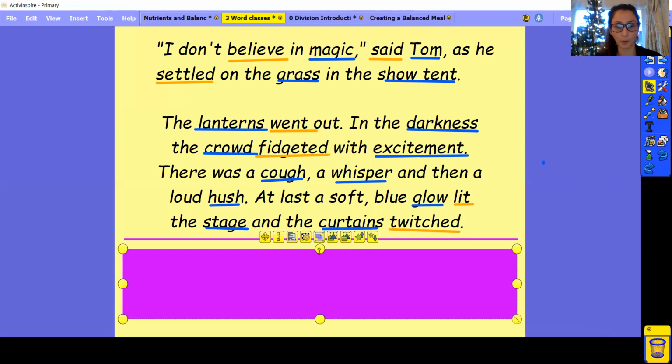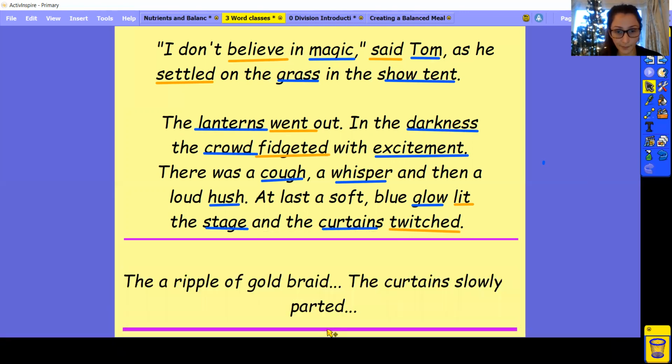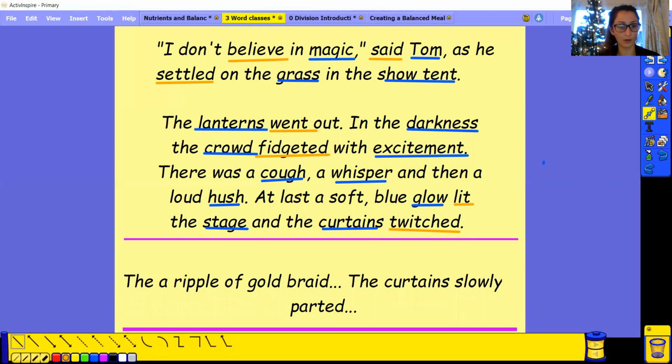So let's have a look at this one. You can have a quick pause if you wanted to. Have a go by yourself. Okay, so the ripple of the gold braid, the curtains slowly parted. In this sentence, the noun is braid and the curtains slowly parted. So which one's the noun there?